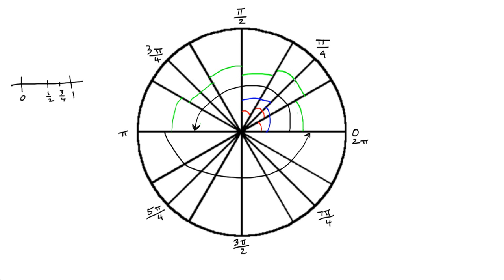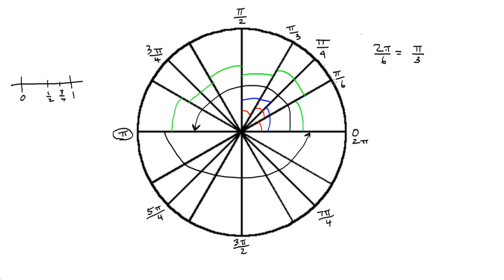Six pieces, right? 1, 2, 3, 4, 5, 6. So each one of those 6 pieces is going to be 1/6 of that pie. So this is going to be pi divided by 6, right? My next one would be 2 pi over 6, but 2 pi over 6 can be reduced, can't it? 2/6 is the same thing as 1/3. So this is pi over 3.